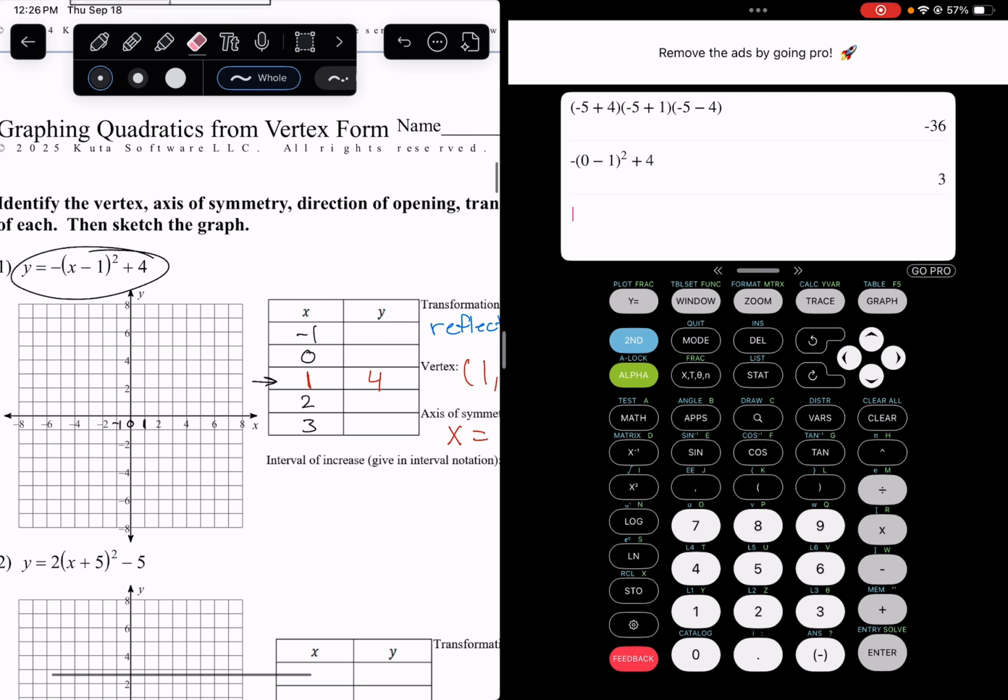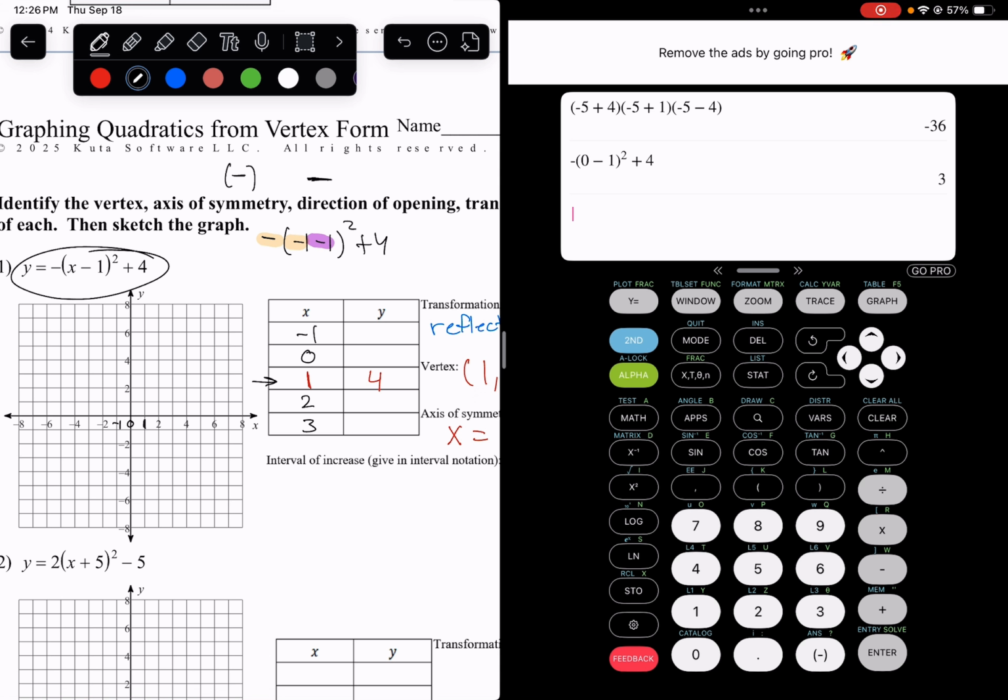So when I plug a -1 in, I'm going to do negative, open parenthesis, -1 minus 1, squared, plus 4. Make sure that you're doing this with me as I go. Please get out your calculator, plug this in so that you can make sure that you're not getting an error. You want to make sure that the first two are the negative symbol, and then this one is the actual subtraction symbol, or else you're probably going to get an error.